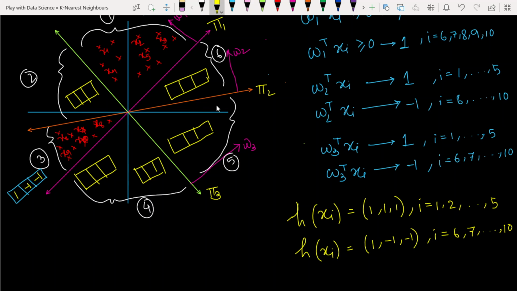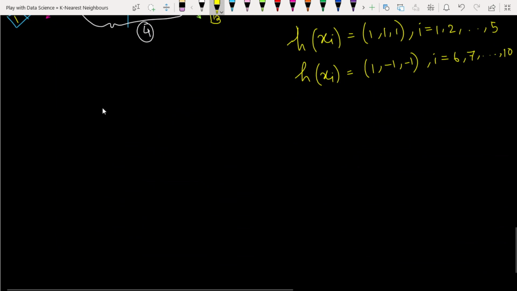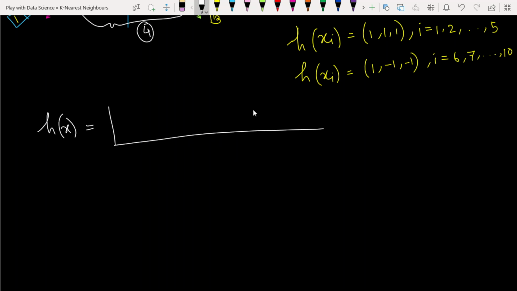now we have to remember one thing. The simple formula of our hash function: the hash value of x will be like this. Suppose let's take m equal to the number of hyperplanes. This is the general formula.